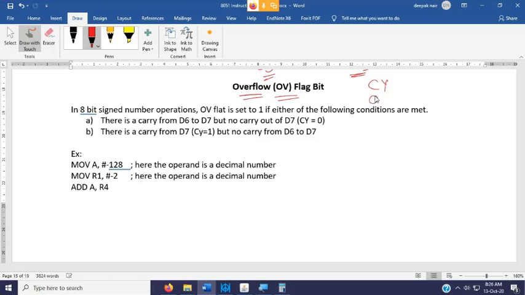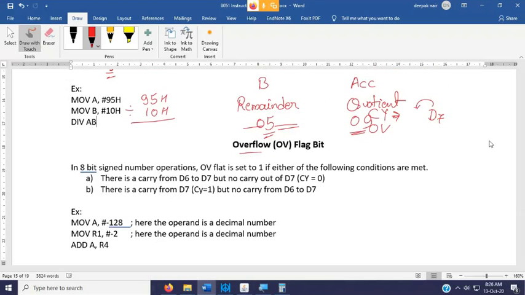Carry and overflow, they both look almost similar, but no, they are different, because carry flag is generated only when any number overflows from the d7th bit to the carry itself.